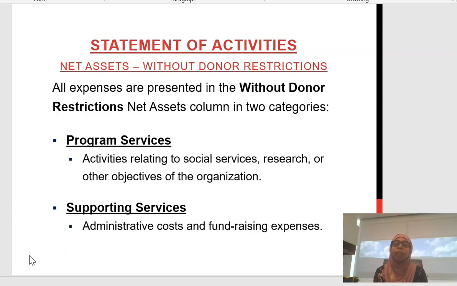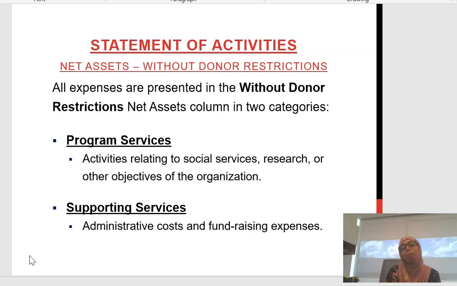Program service expense means all those expenses that are related to the mission of the entity. For example, if it's a Cancer Research Foundation, any amount they spend on cancer research or related activities will be their program service expense.